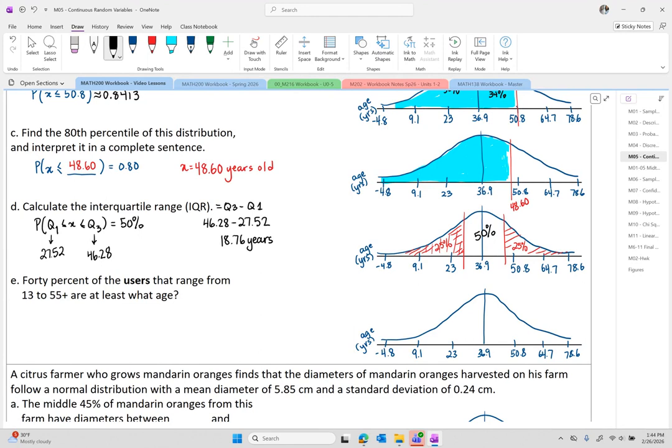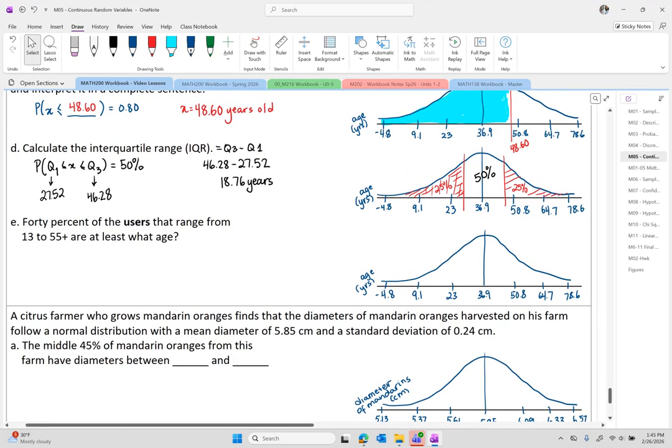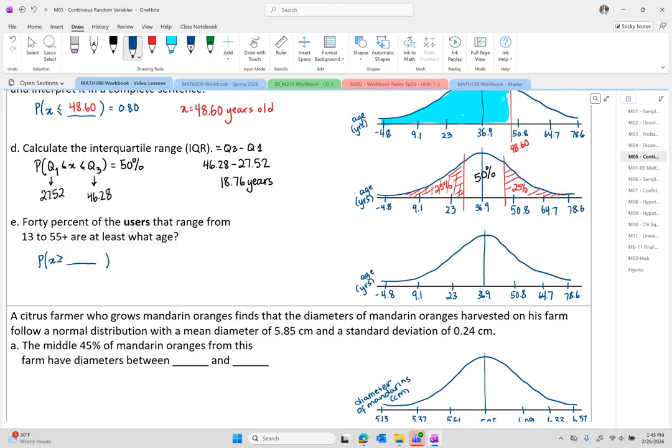The last question in this scenario: 40% of the users that range from 13 to 55 plus are at least what age? So at least means this much or more. So they are looking for the probability of X being greater than or equal to a particular age to be 0.40.